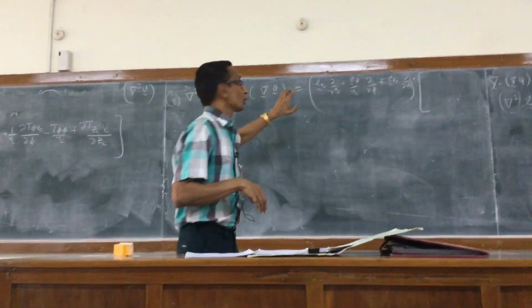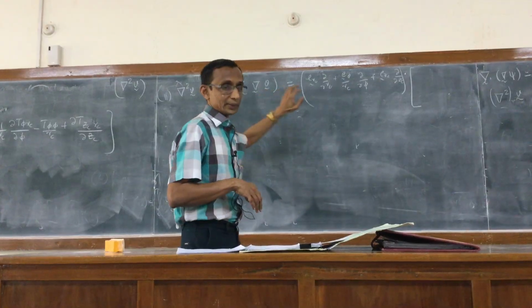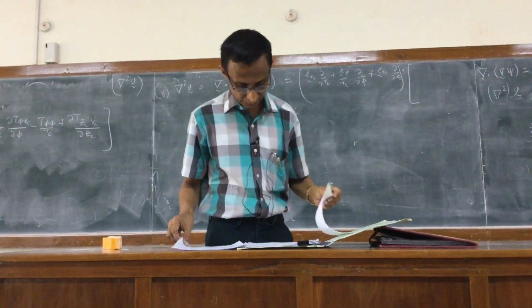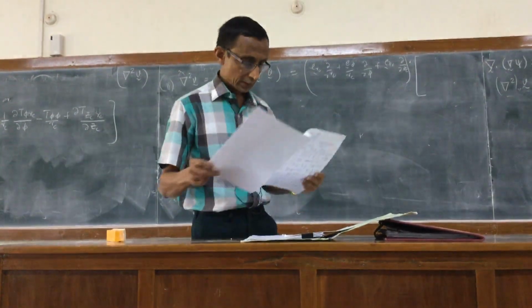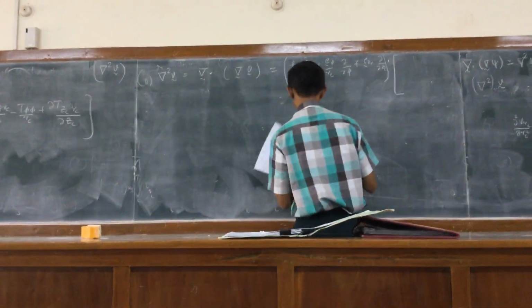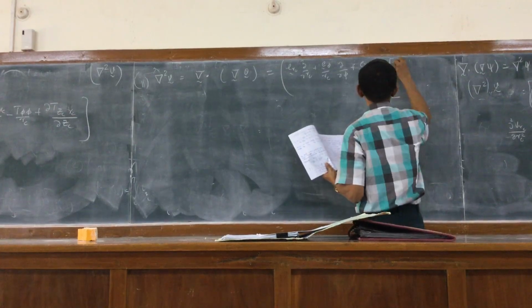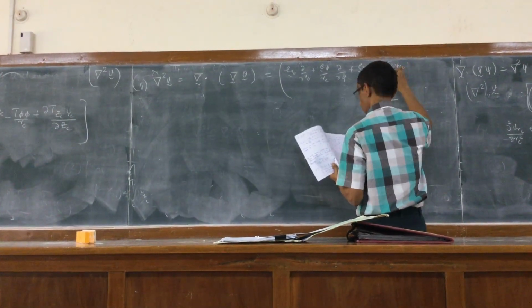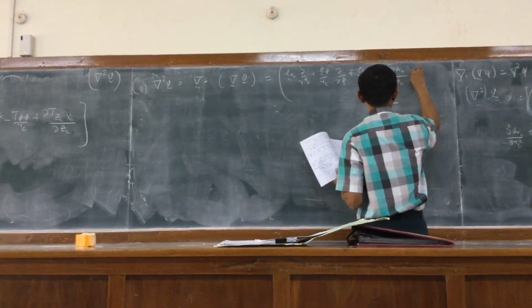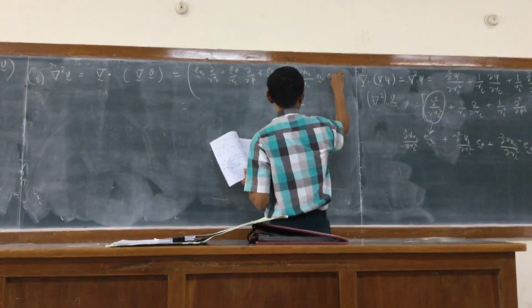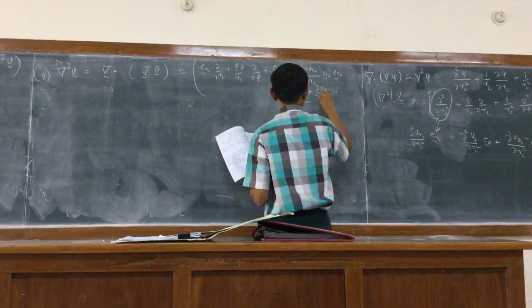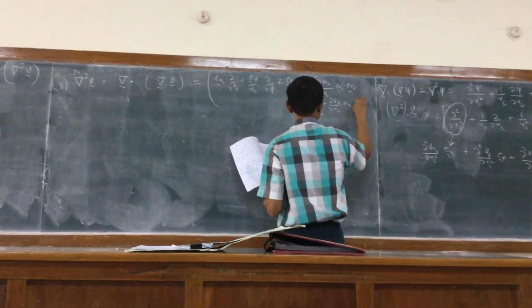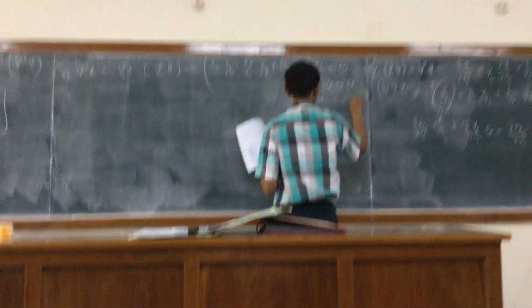So here we need to have the tensor representation of the velocity gradient tensor, and that could have, for instance, terms like d e_rho by d e_rho, e_rho plus d v_phi by d e_rho e_phi plus so on.